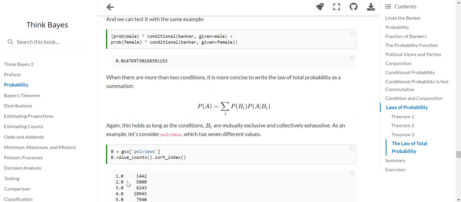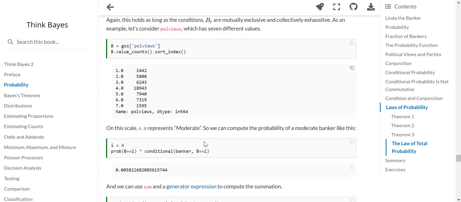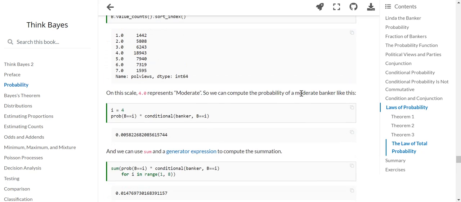so, like in the above example, we are trying to find the probability that the person is a moderate banker. They've used this to find the net probability of the person being a banker.